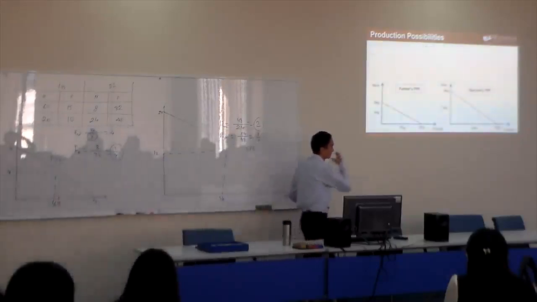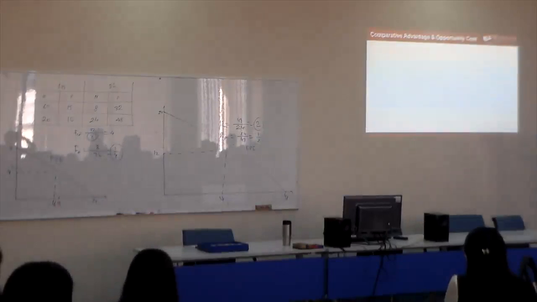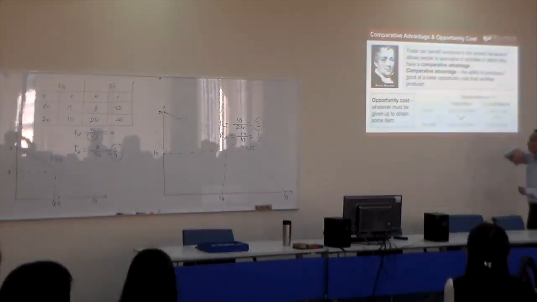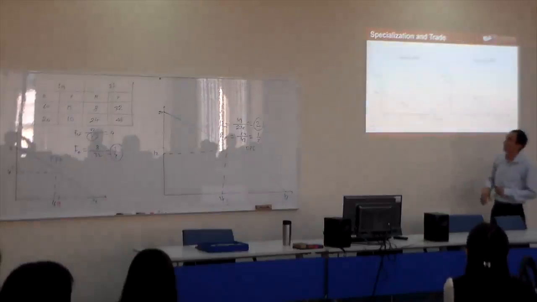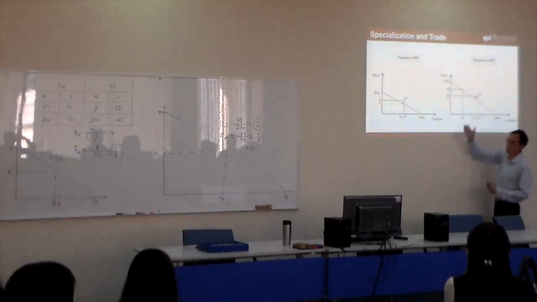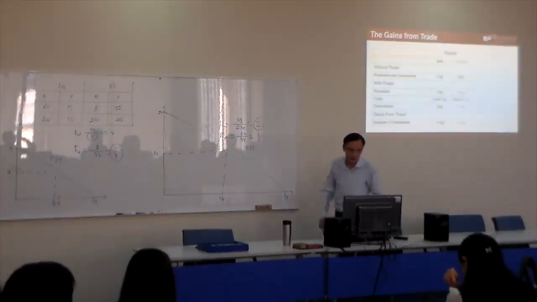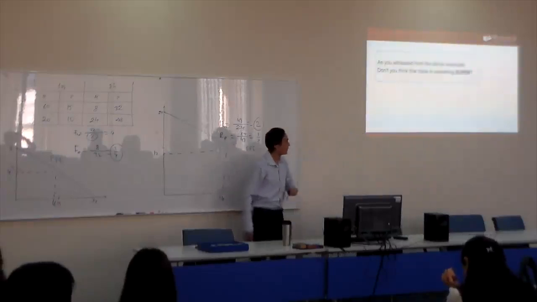These are all given, so you can read it from the slide. I already explained opportunity cost and the farmers, in terms of both, which I showed you already. Good.